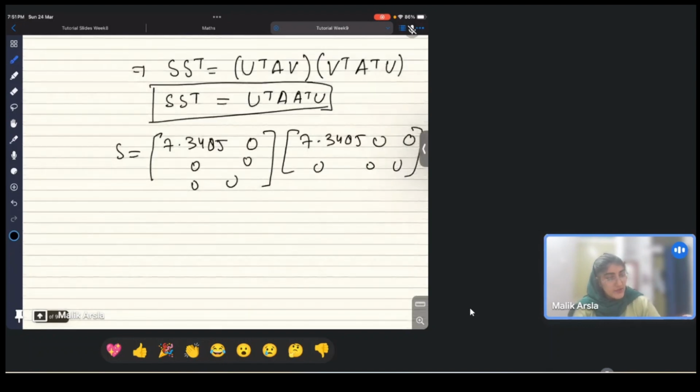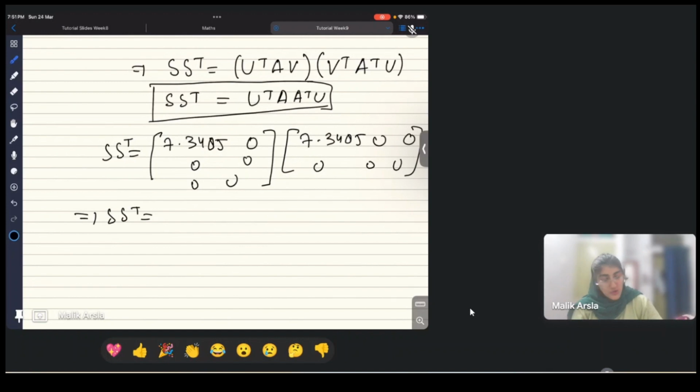Tell me what you are getting this value as. 54, 0, 0, 0, 45. Okay, so you are getting this. This will be a 3 cross 3 matrix, so it will be 54, 0, 0, 0, 0, 0, 0, 0, 0.